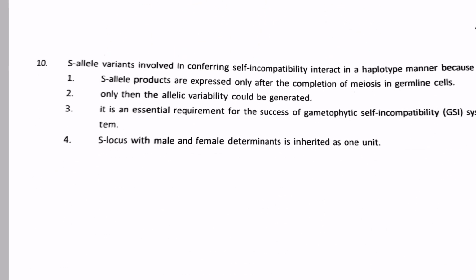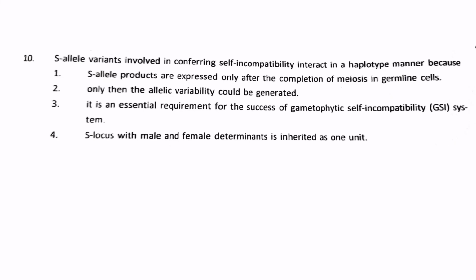Let's start with the 2018 paper. First question: do S allele variants involved in conferring self-incompatibility interact in a haplotype manner? Because it's a big question, dividing the keywords. S allele variants in self-incompatibility, we are talking about the S locus, which is responsible for the self-incompatibility factor.